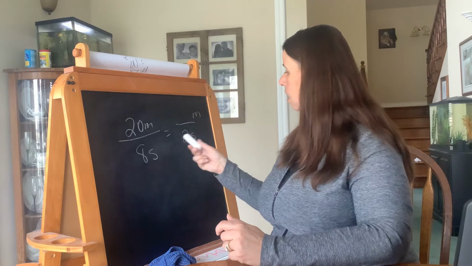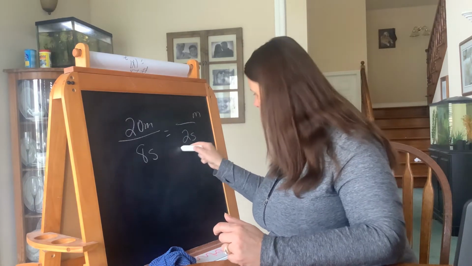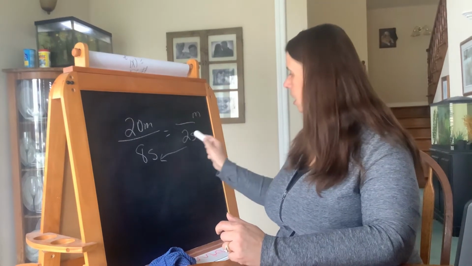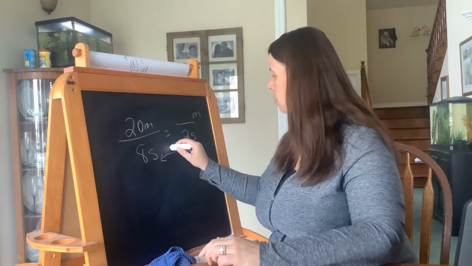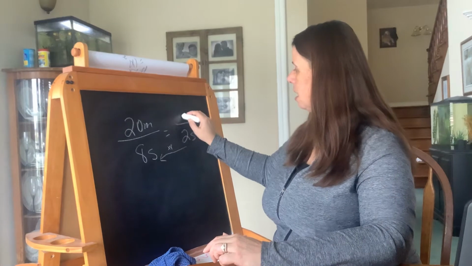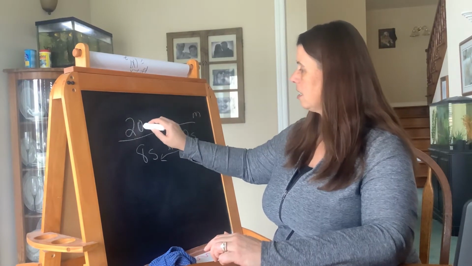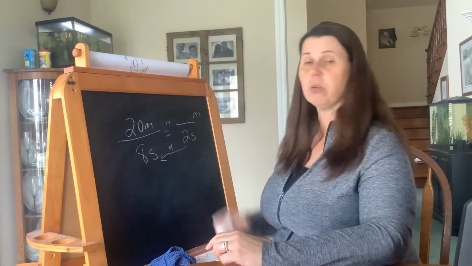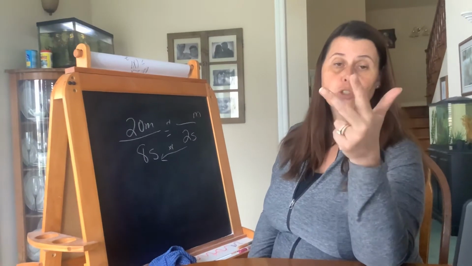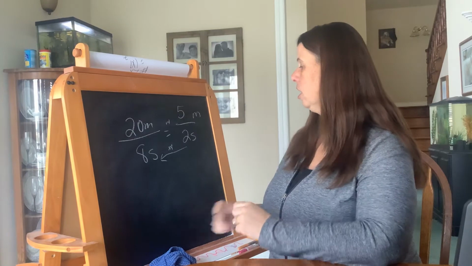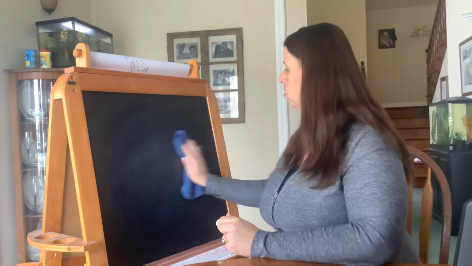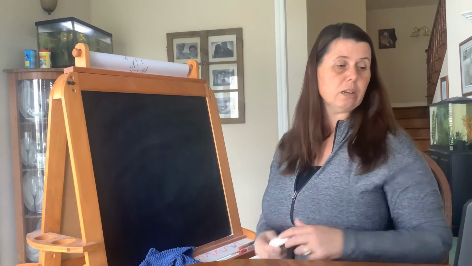Okay. I definitely didn't go from 8 to 2, so I went 2 to 8. How did I get from 2 to 8? 2, 4, 6, 8. I times it by 4. So this number times 4 has to equal 20. So how many 4s make 20? 4, 8, 12, 16, 20. 5 of them. Okay? That should give you a good start on getting number 1 done.